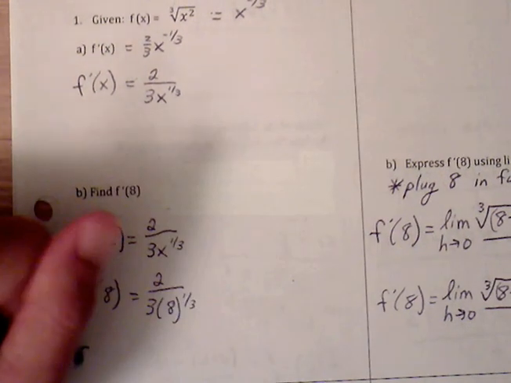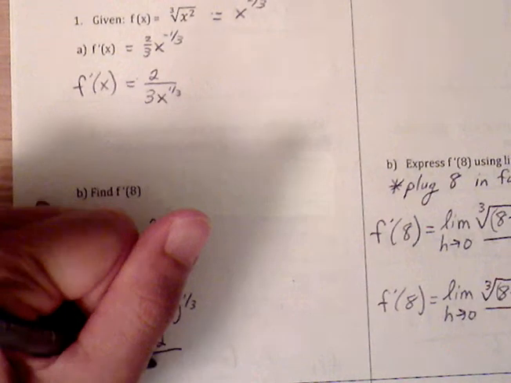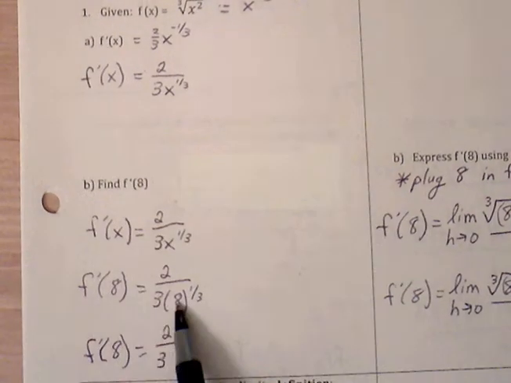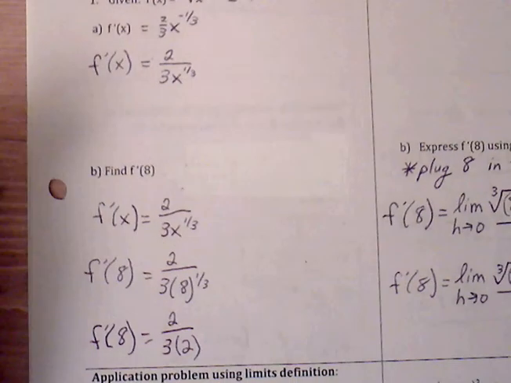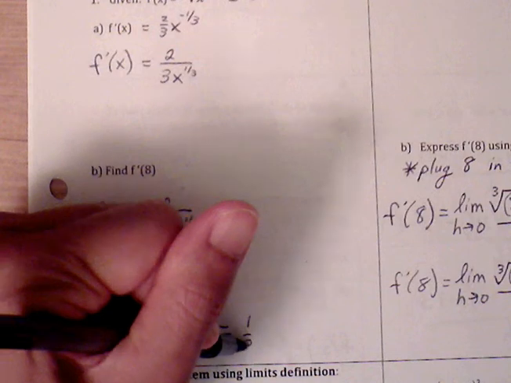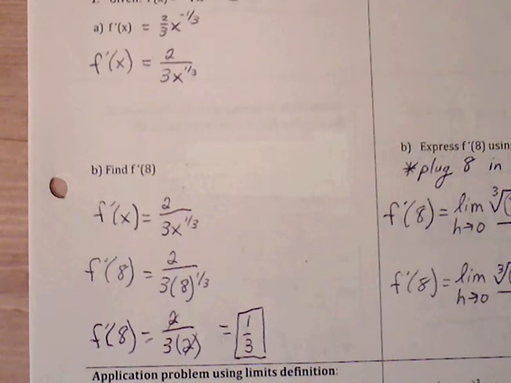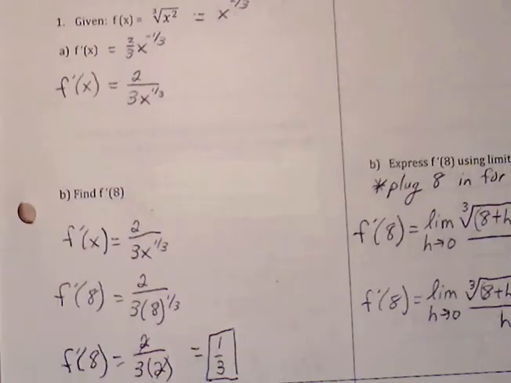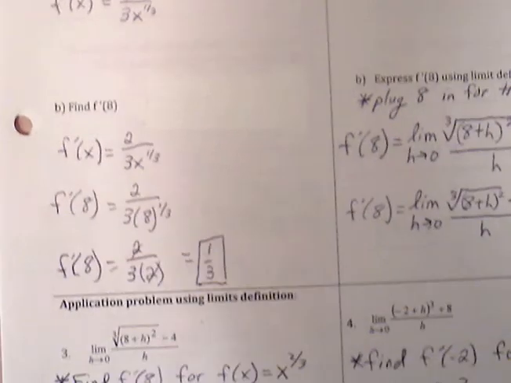Now cube root of 8 is 2, and the 2's will cancel out, leaving us with 1/3. Okay, easy enough. Not much of a challenge there. That's something we've seen already, and we're proficient at it.